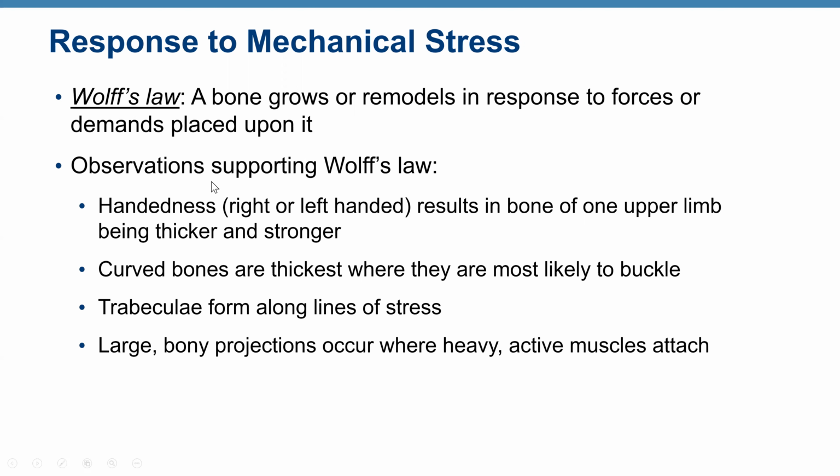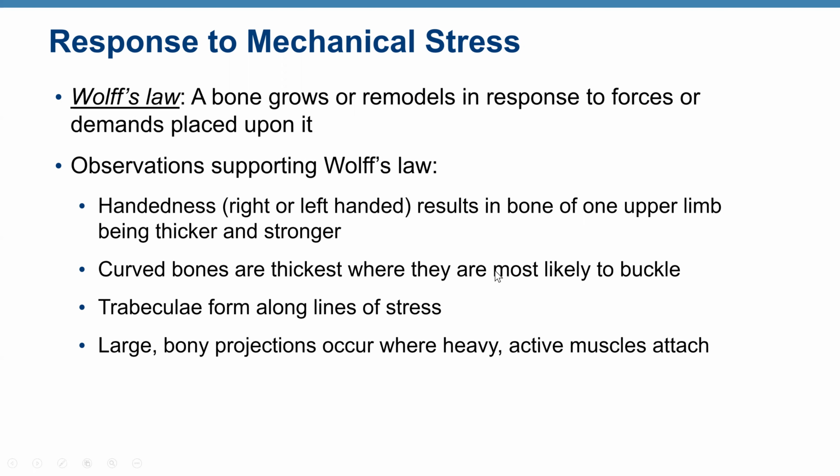Now, observations that support Wolff's law. Handedness, right or left-handed, results in bone of one upper limb being thicker and stronger. So if you're right-handed, the chances are that bones of your right hand are thicker and stronger than bones of your left hand. Now, curved bones are thickest where they're most likely to buckle.